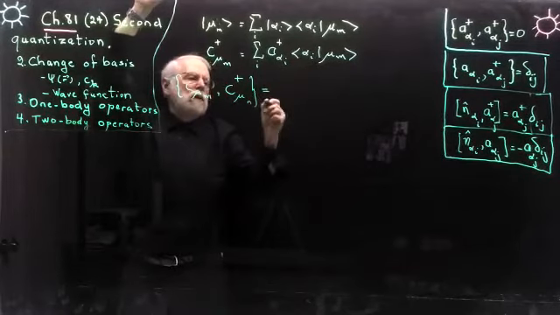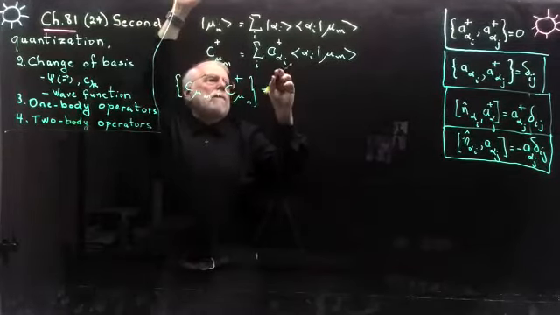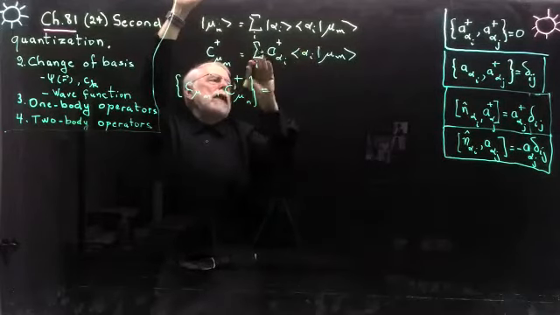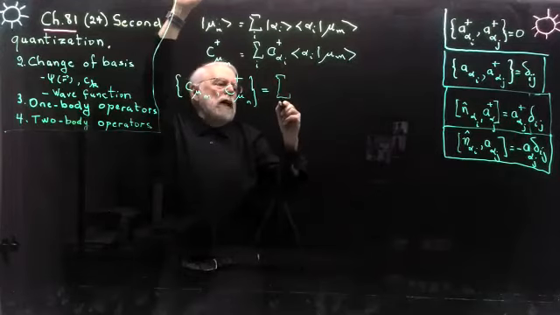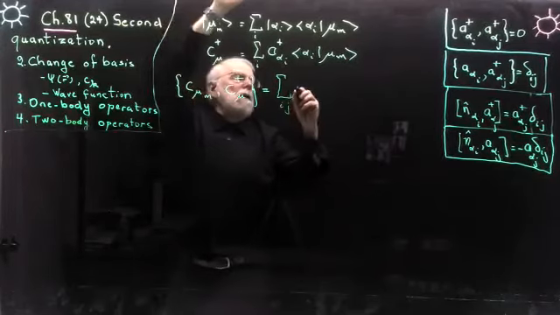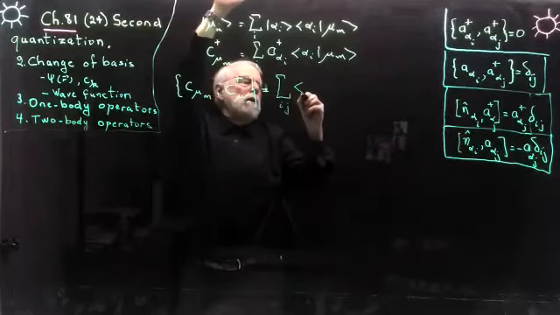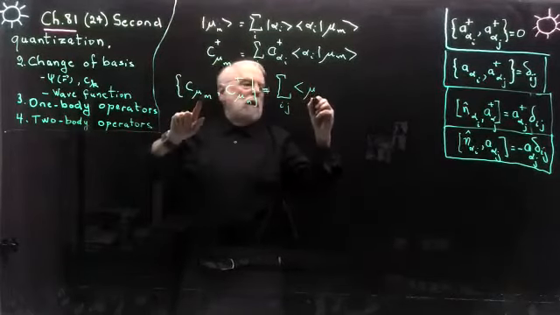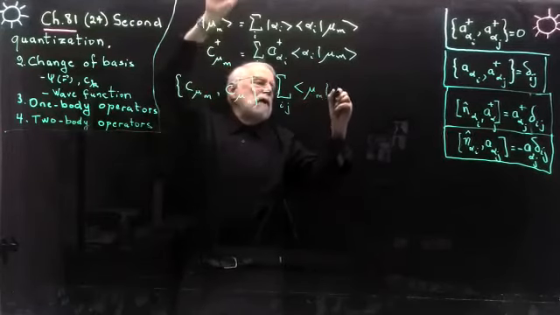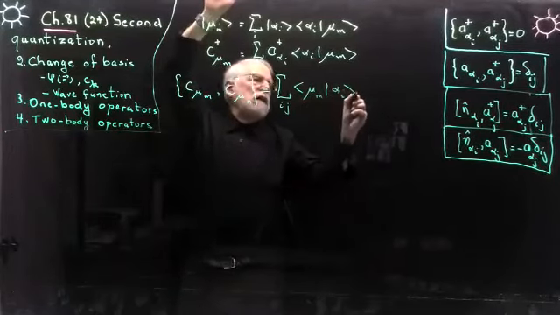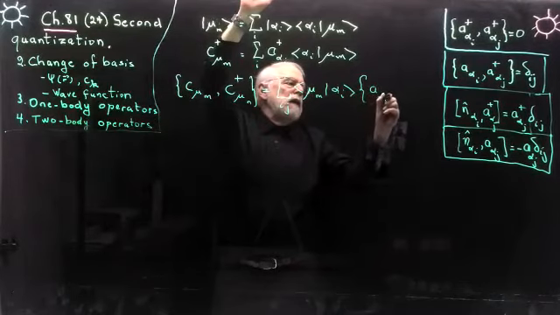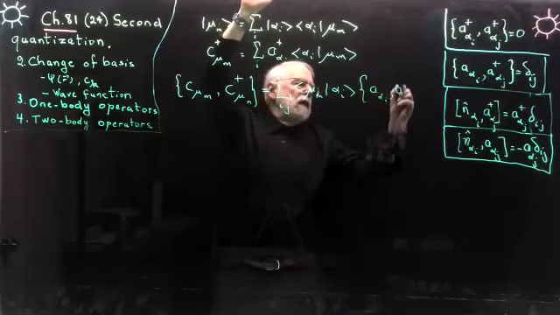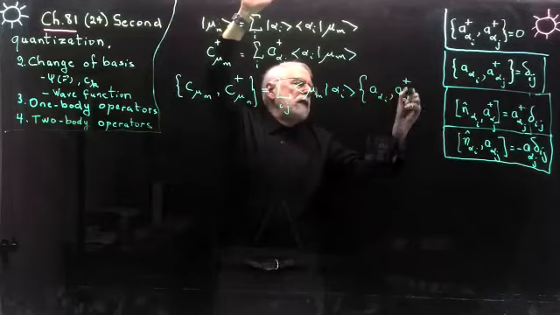So it means that for the destruction operator, I have to take the adjoint of this. So I will have the sum over I j of mu m alpha I. Then I will have the anti-commutator of A alpha I, A dagger alpha j.